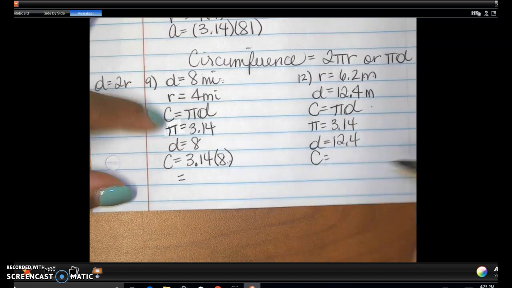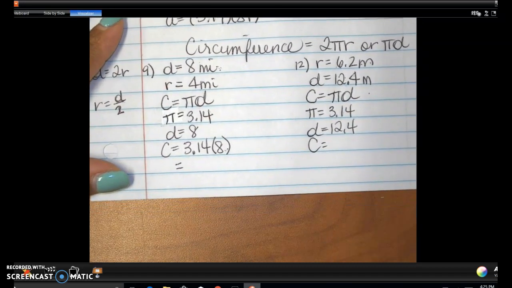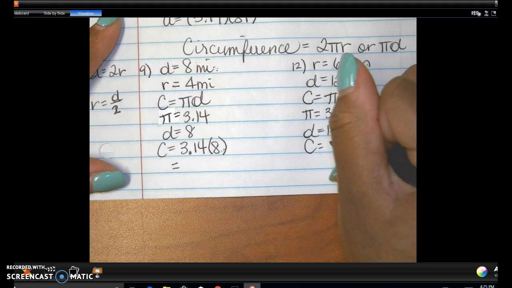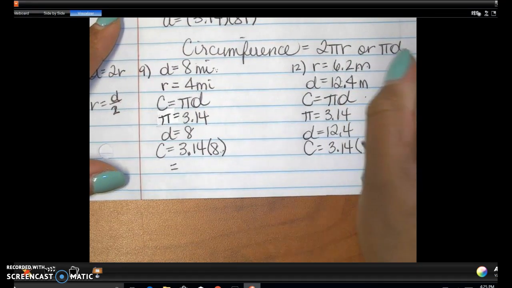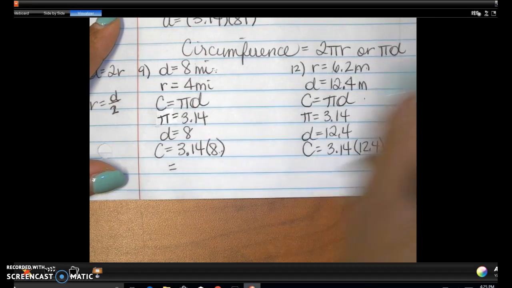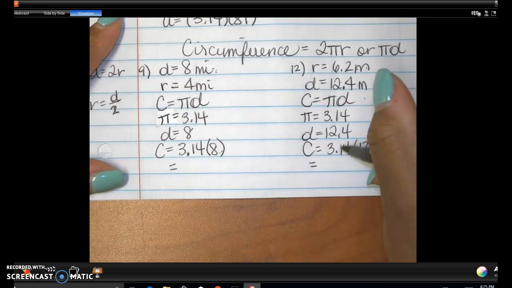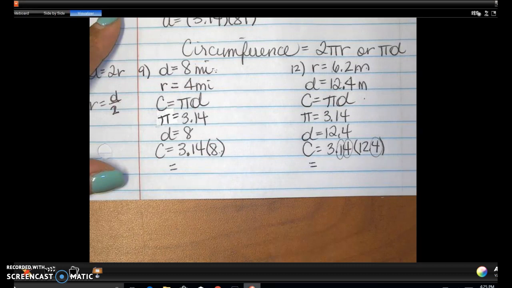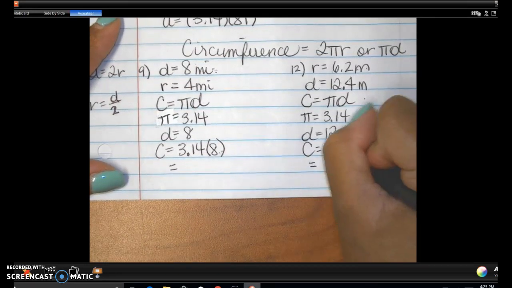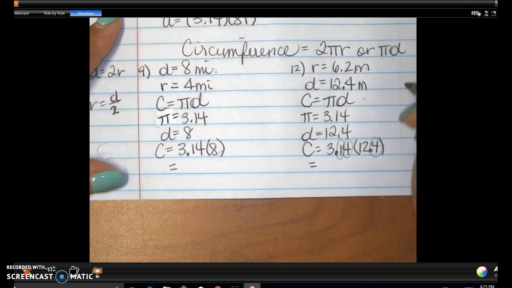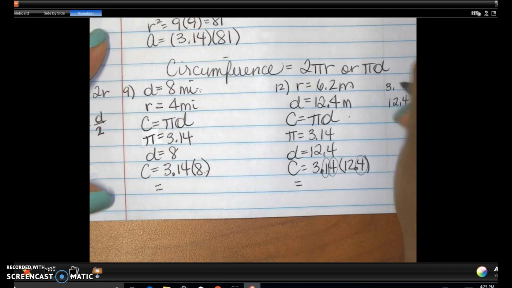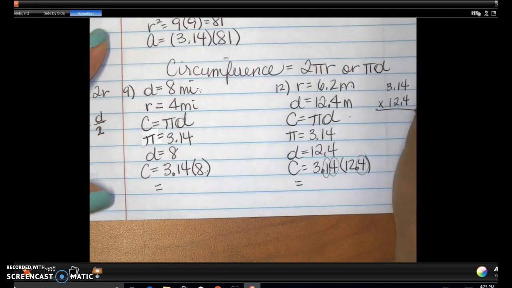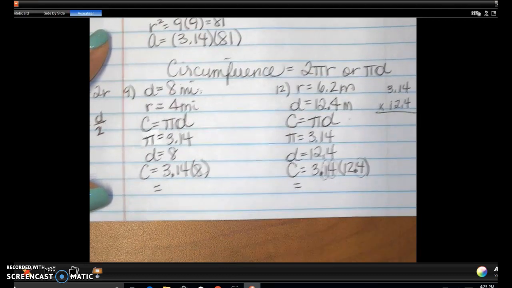Who do I multiply here? 3.14 and 12.4. This would give me 3 decimal places in my answer, by the way. So 12.4 times 3.14, multiply those out, you'll have an answer, and then you will be done.